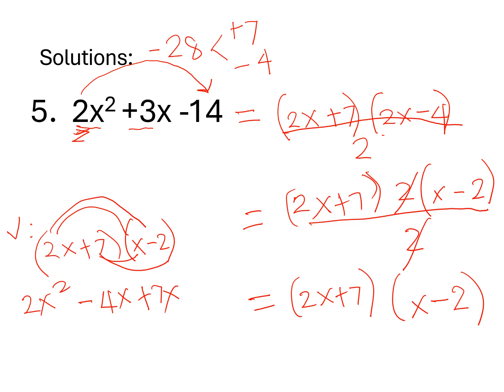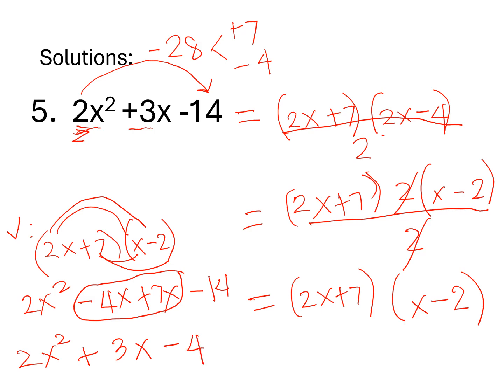Then positive 7 times negative 2, that is negative 14. Then combine like terms. So we have 2x squared, then copy the sign of the bigger number, subtract, so that is 3x, copy x, minus 14. Okay, so look at the product. The product is the same as the original polynomial expression.